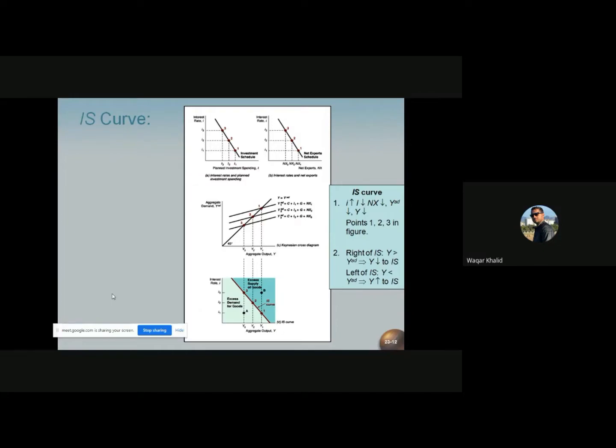So we need to understand first the relationship between the interest rate and planned investment expenditure. Look at this diagram. In this figure, part A, we have derived the investment schedule. This investment schedule represents the negative relationship between the interest rate and the planned investment level.